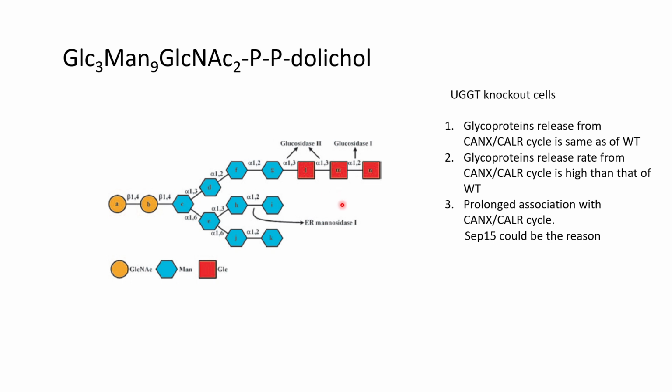One more study that has been conducted is on UGGT knockout cells. In those cells, they have categorized the glycoproteins into three groups based on release rate. Some glycoproteins are released from the calnexin and calreticulin cycle at the same rate as wild type.